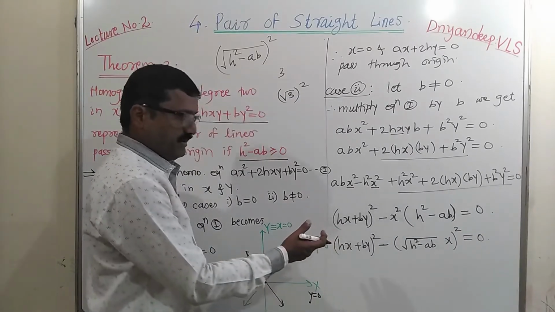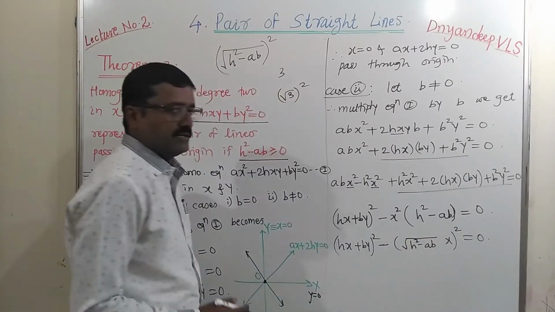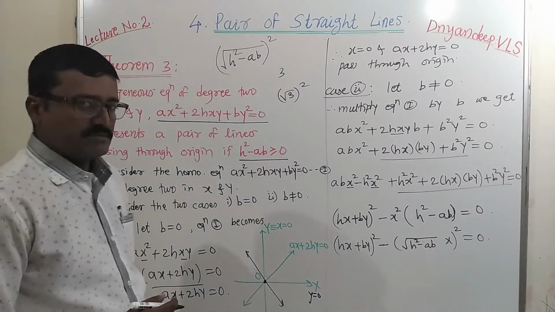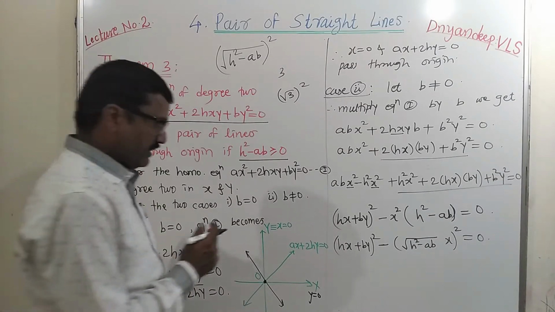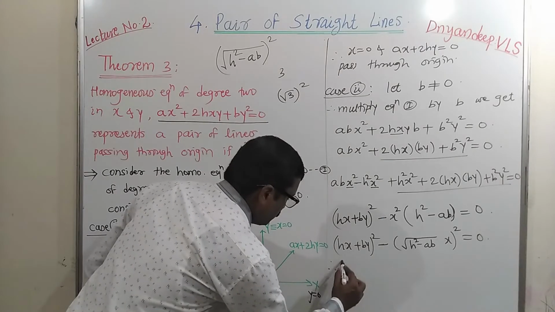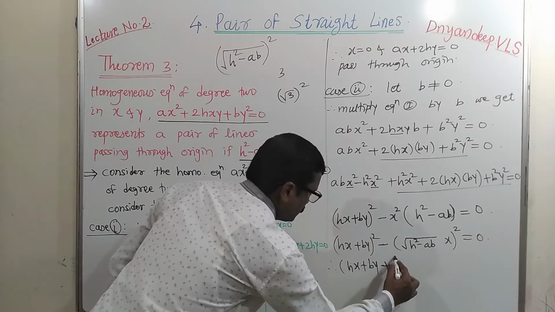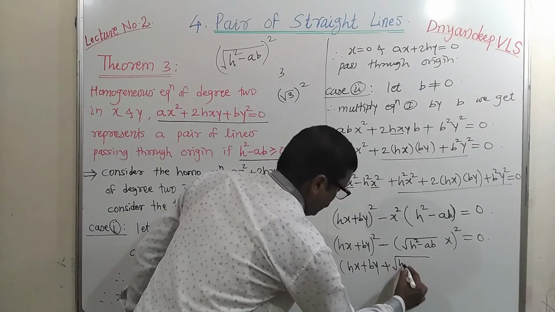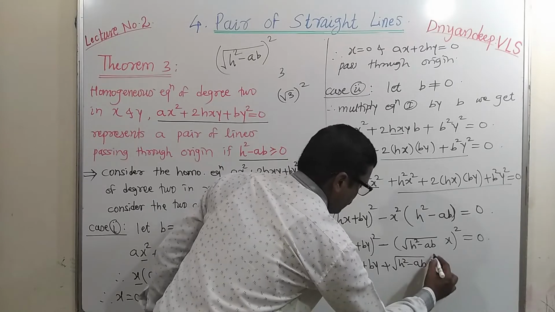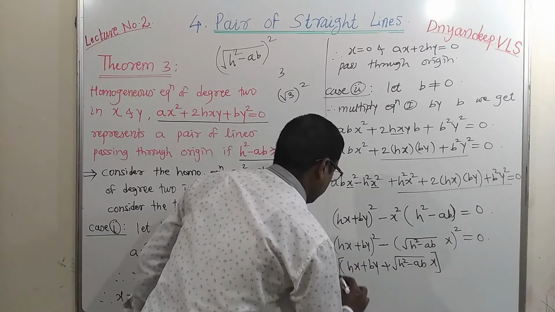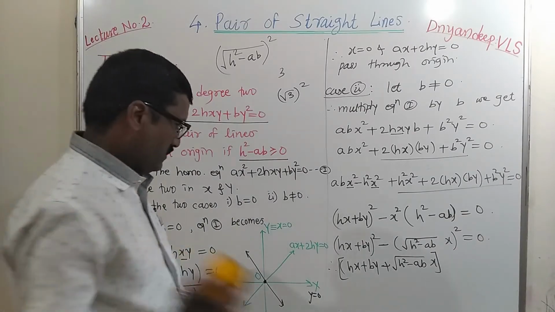Now we obtained here the form a square minus b square, and whenever a square minus b square is there, we can write its factors as a plus b and a minus b. Therefore this is nothing but hx plus by plus root h square minus ab out of root x. This is one factor. Okay, let us write once again.